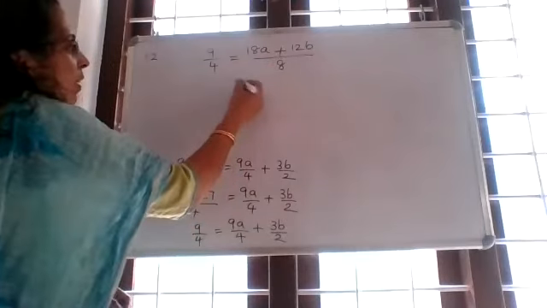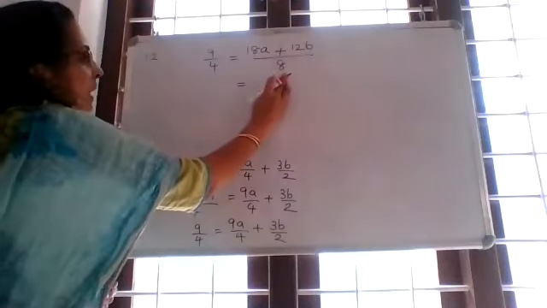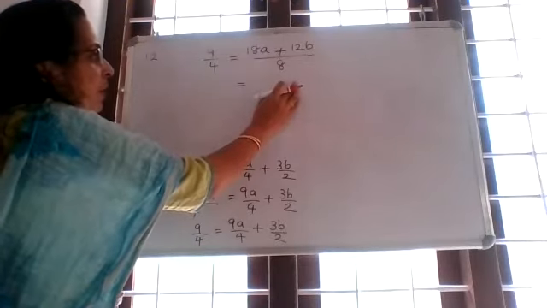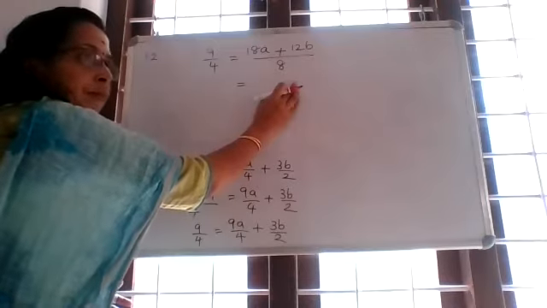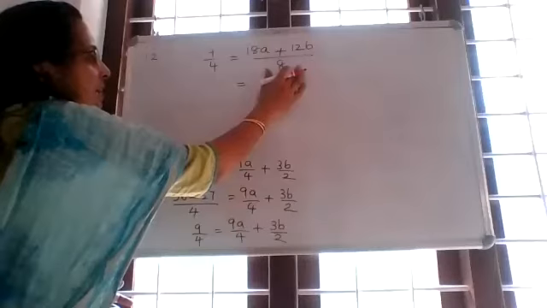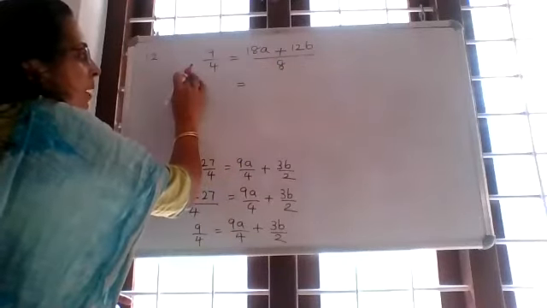Then next step, if it is division on the right side and we want to take that division to the left side, it will become multiplication.